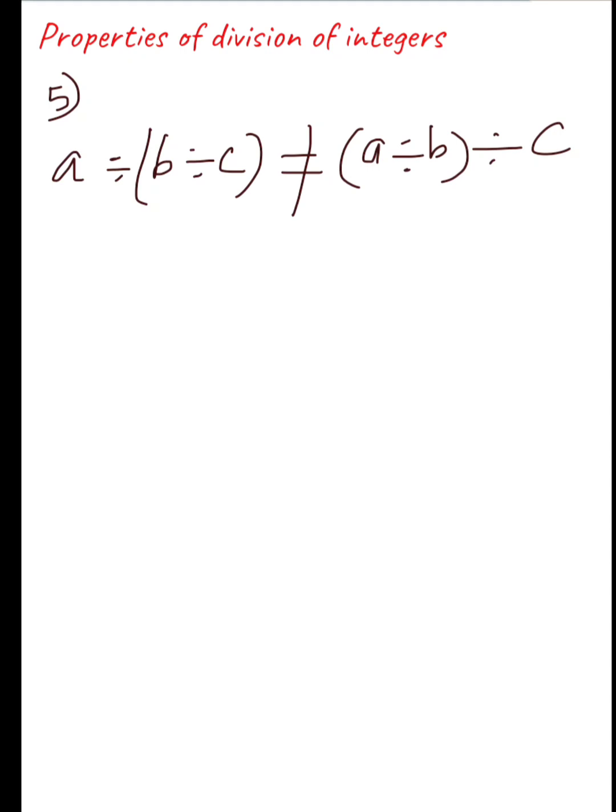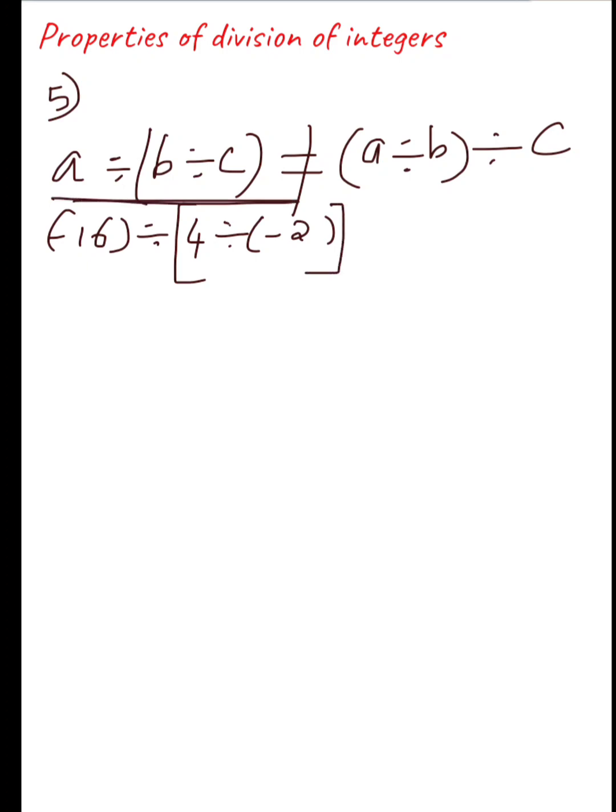Let's check that by taking an example. Suppose instead of a I am taking 16, instead of b I am taking 4, and instead of c I am taking minus 2. Let's do the left side first, 16 divided by 4, then divided by minus 2. What will you get?